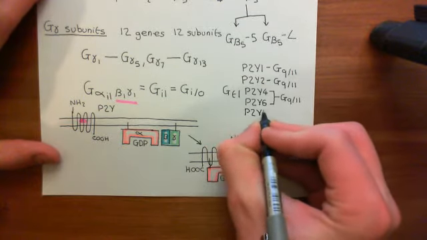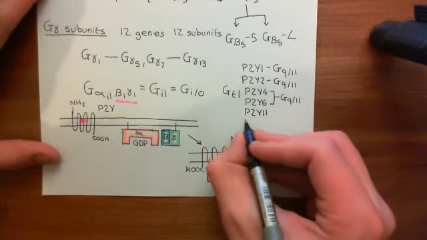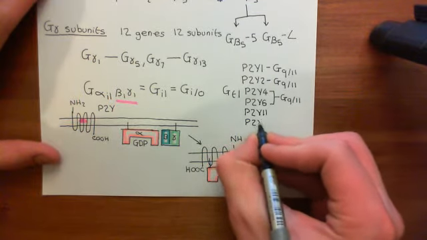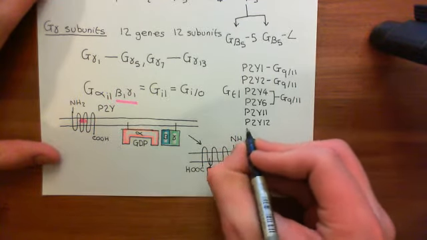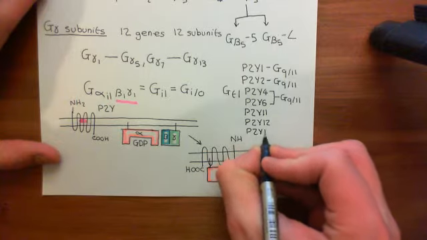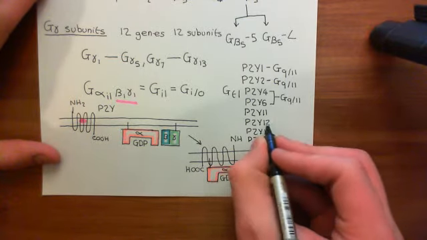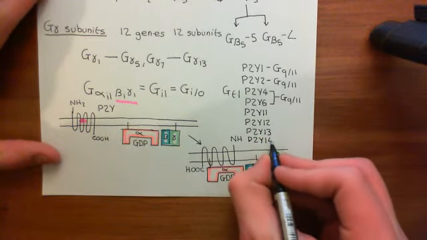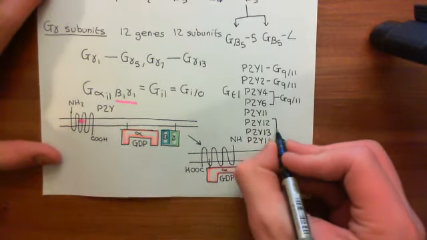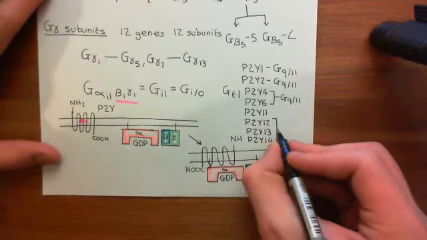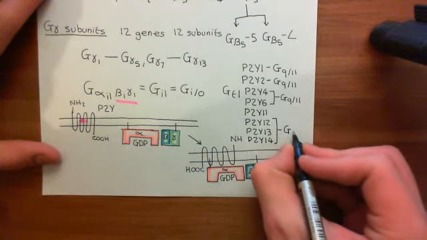Okay, right. Now let's talk about the rest of the P2Y receptors. So we have P2Y11, which I'm going to leave for a moment, and then we'll talk about P2Y12, P2Y13, and P2Y14. P2Y12, 13, and 14 are all coupled to GI heterotrimeric G proteins.